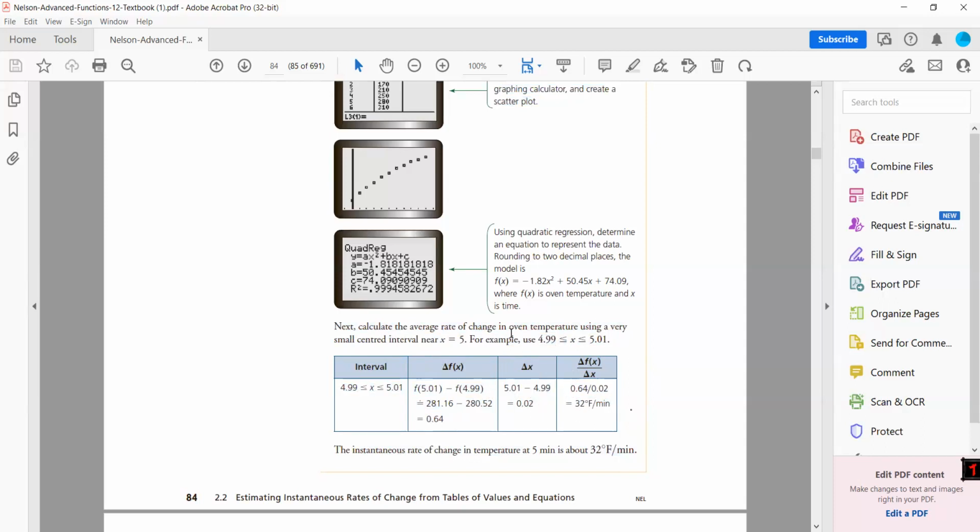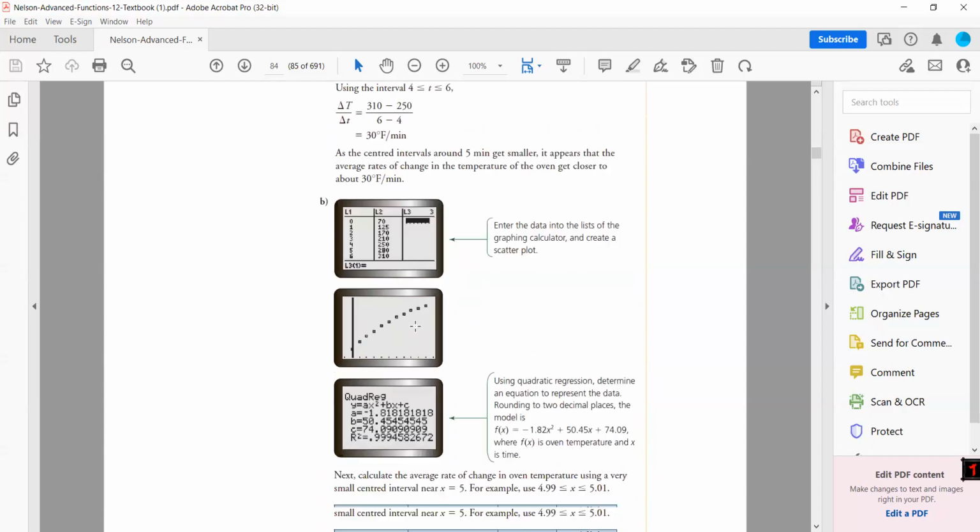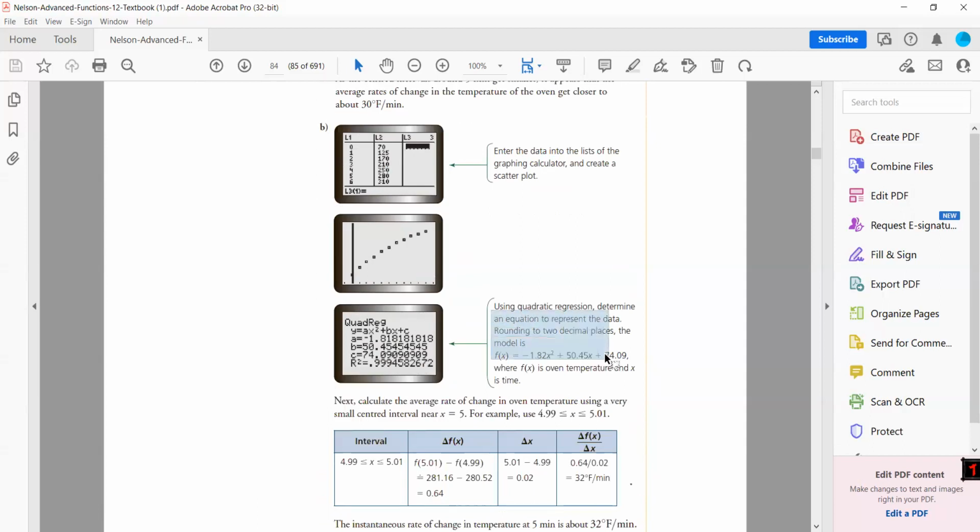The problem is, they use the calculator to get a quadratic regression. They're determining the equation for this function, where there's a dependence of temperature with respect to time, and then they use this function, substituting two values very close to each other.